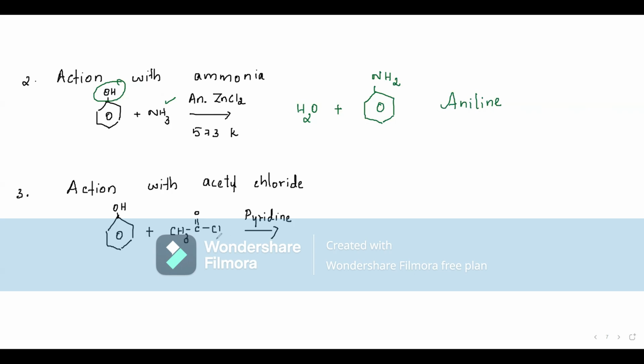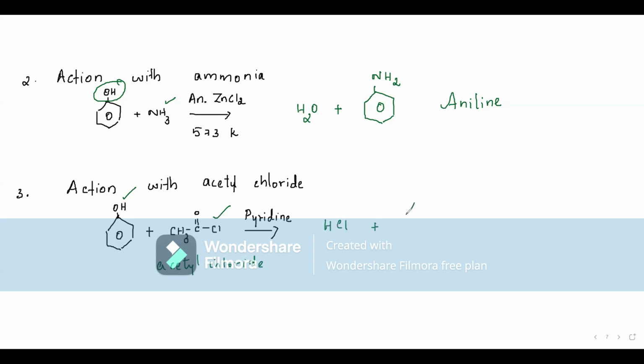Now, reaction with acetyl chloride. A similar example we have studied under alcohol. When you treat phenol with acetyl chloride, the H of phenol combines with Cl of acetyl chloride, and you remove HCl.